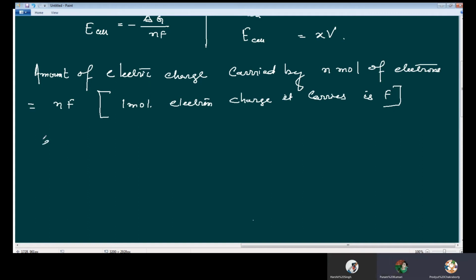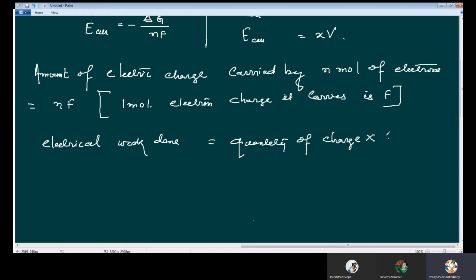Now, what is the electrical work done? It is the quantity of charge times the potential difference. Is that fine? Yes, sir.